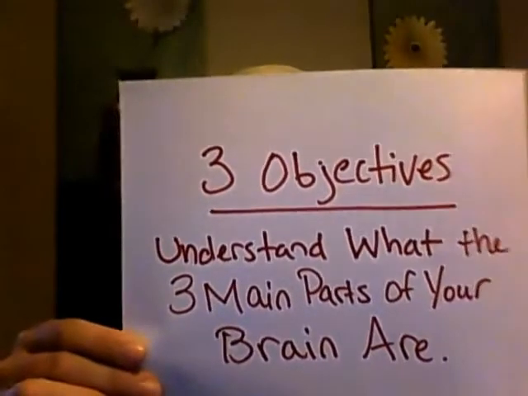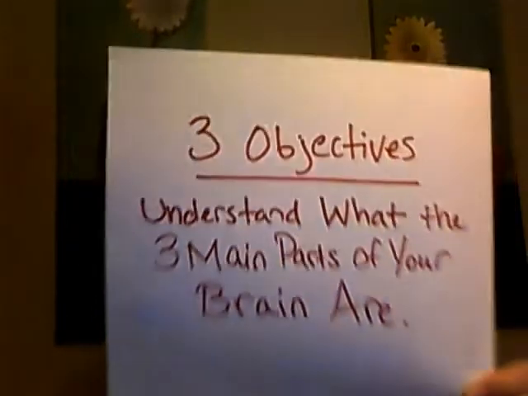And just to drive it home for you, here it is. 3 objectives. Number 1, I want you to understand what the 3 main parts of your brain are. Your cerebrum is one part, your cerebellum is the other part, and your brain stem is the 3rd part.